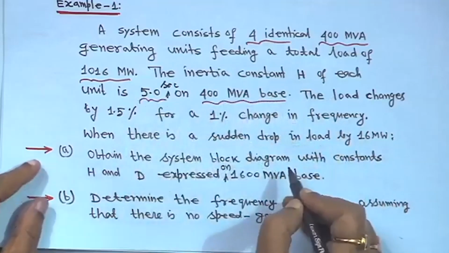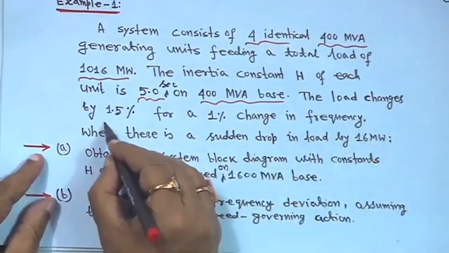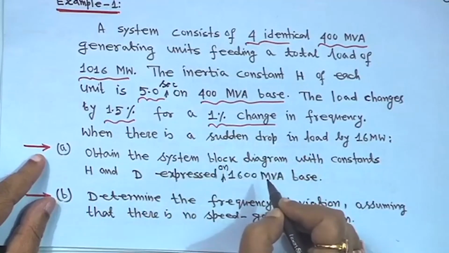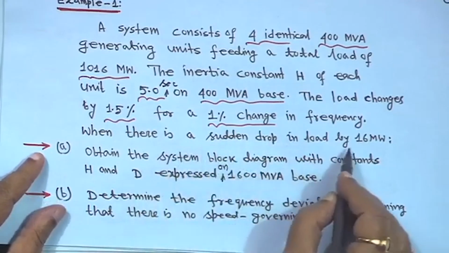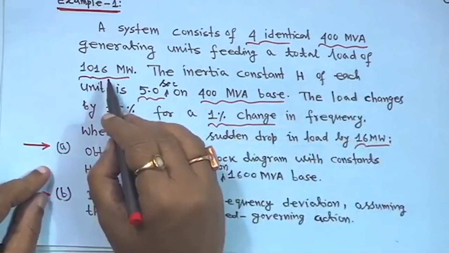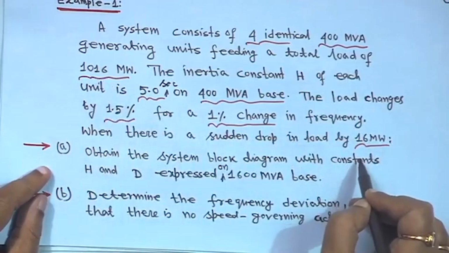The load changes by 1.5% for a 1% change in frequency, when there is a sudden drop in load by 16 megawatt. So initially there is a total load of 1016 megawatt, but there is a sudden drop of 16 megawatt.